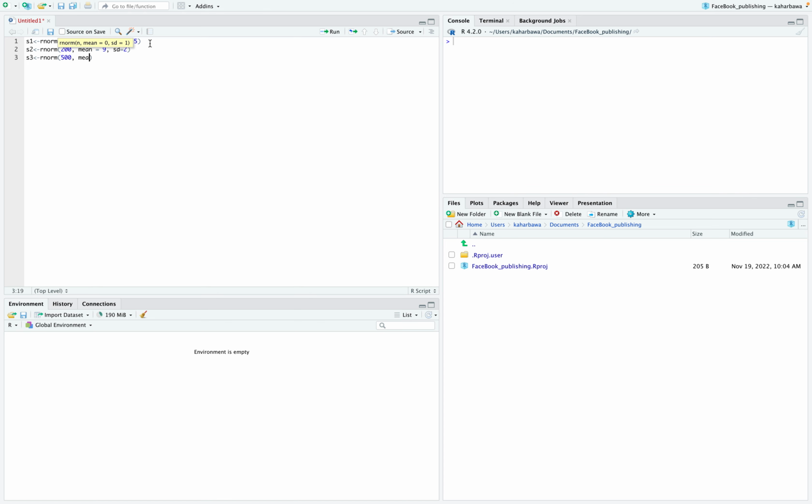The mean, yeah, the same mean, and the standard deviation will be 1.5. Great. So after creating these three different samples, what we will do is run a t-test to compare these two samples, right?